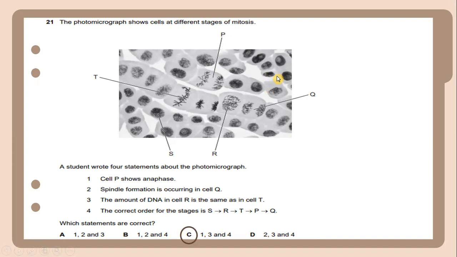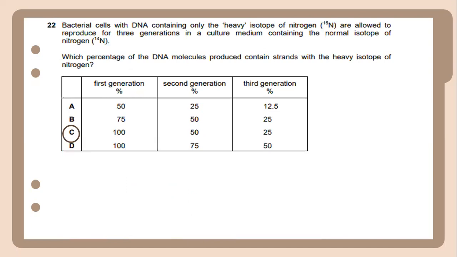In this case, they're referring to 1, cell P shows anaphase, 3, the amount of DNA in cell R is the same as in cell T, and 4, the correct order of the stages is S, R, T, P, and Q.